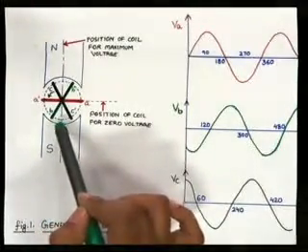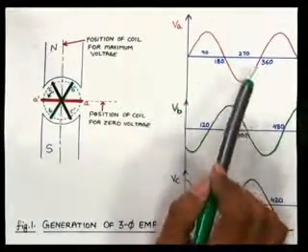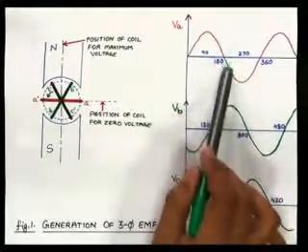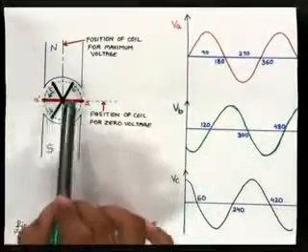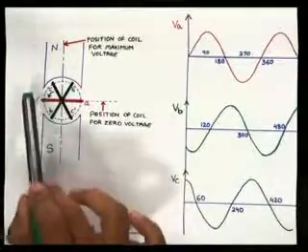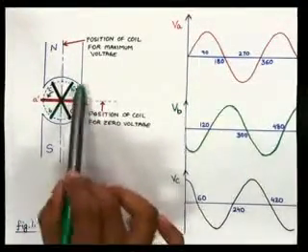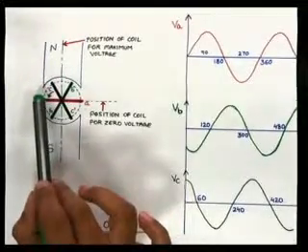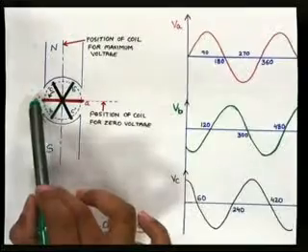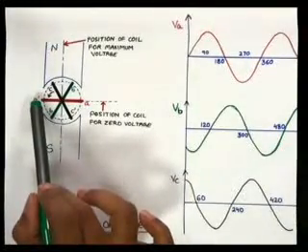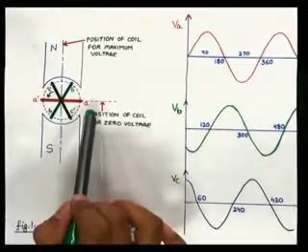Your d phi by dt is increasing, but in the reverse direction, in the negative direction, as you can see from the waveform. Why? Because your coil alternately passes under the influence of the north and south pole for every half rotation, right? So if a positive polarity existed when it was under the influence of the north pole, a reverse polarity will exist for the other half rotation, right?